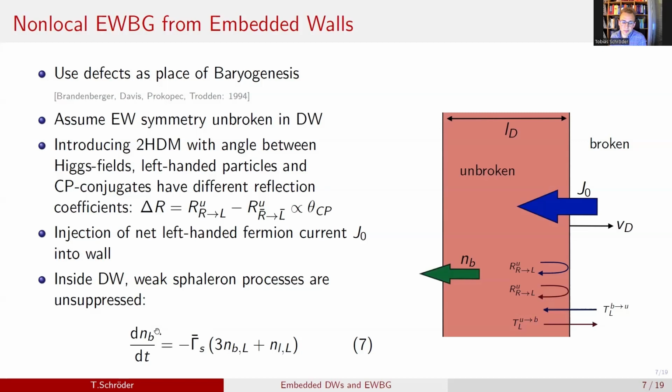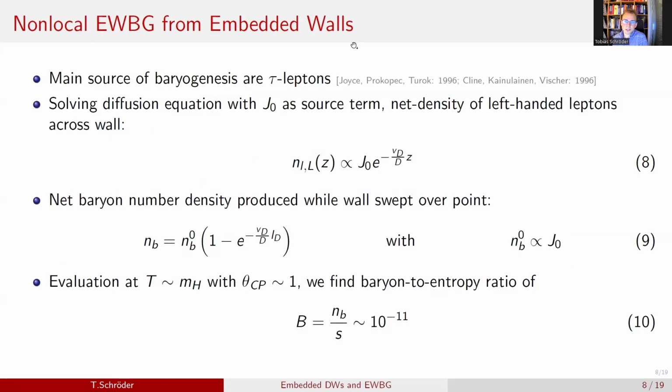On the left-hand side, we have the net baryon number density, that is, baryon number density minus antibaryon number density, and we have a conversion rate which is proportional to the Weeks-Faleron rate. For this kind of baryogenesis mechanism, one found in the past that the main source are tau leptons. Therefore, we will focus in the following on the injection of left-handed leptons only.